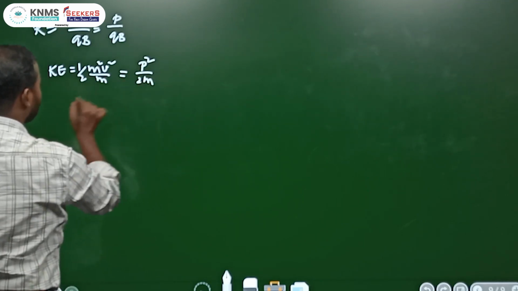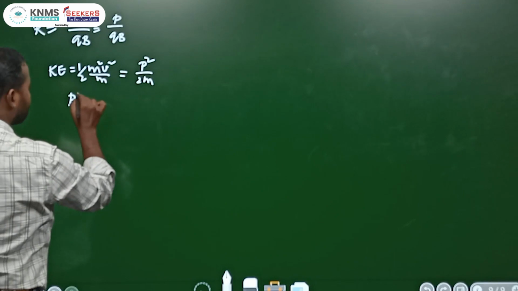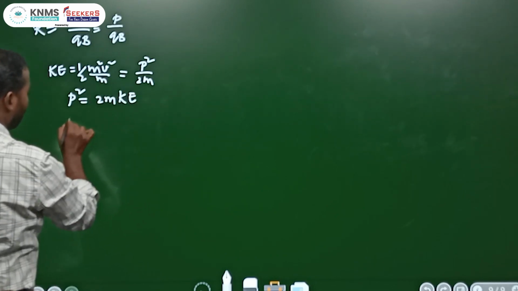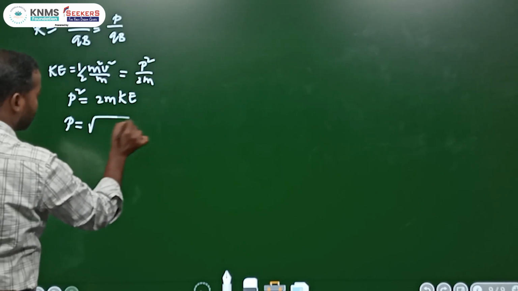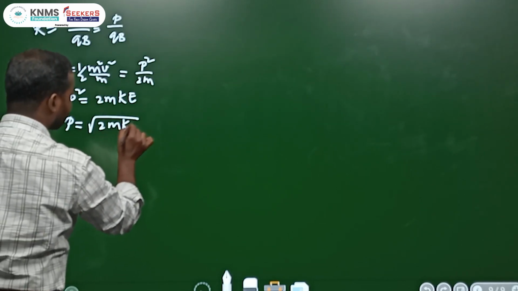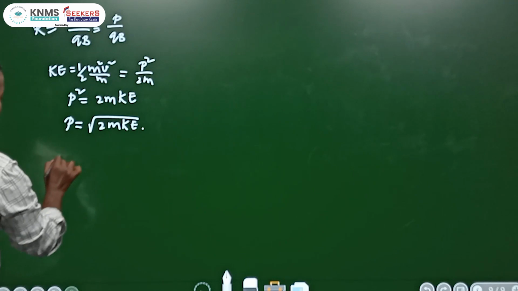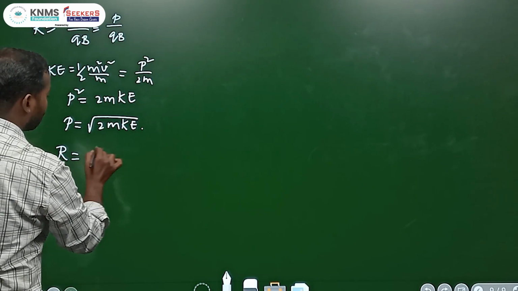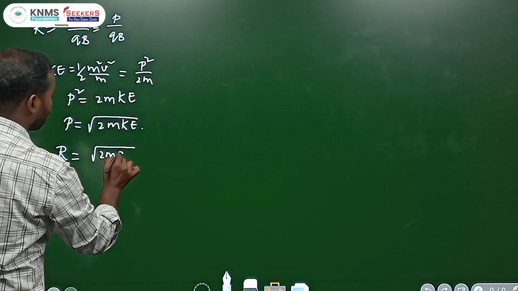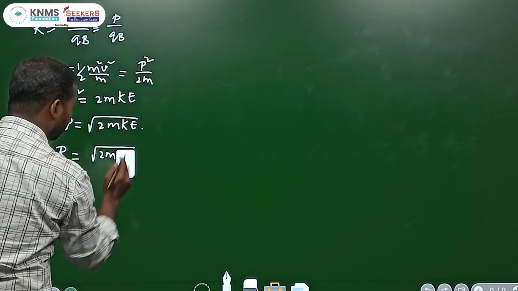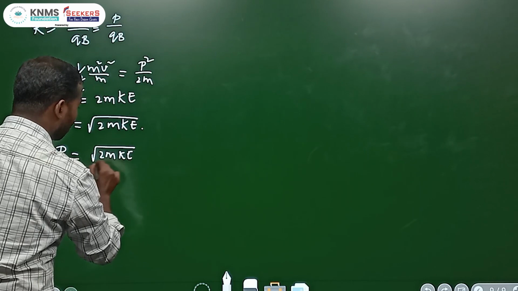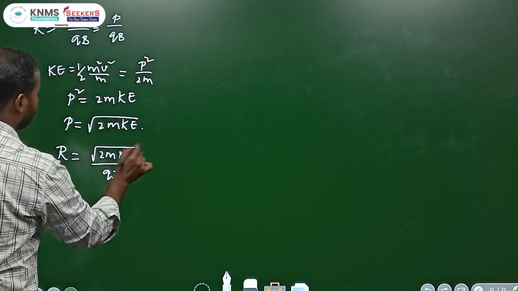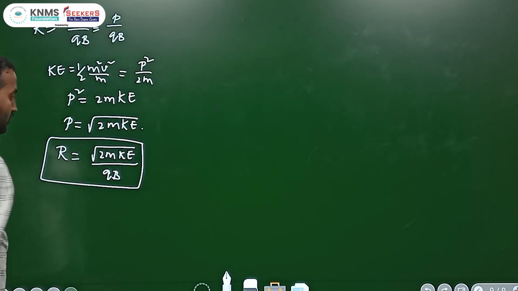So momentum square is equal to 2m Ke, and momentum is equal to root 2m Ke. If I substitute that here, I get the radius in terms of kinetic energy: root 2m Ke upon qB.